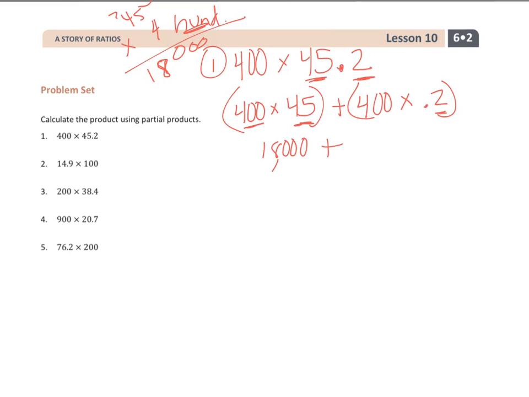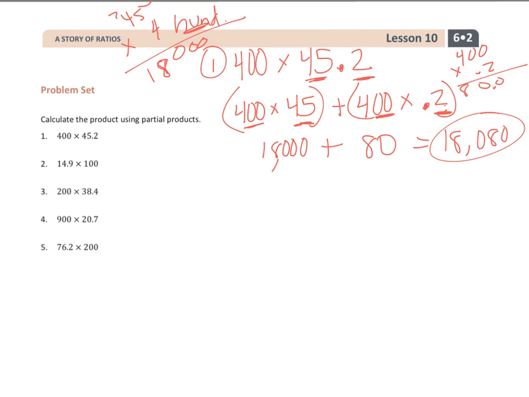And then for this next one, 2 times 4 is 8, and we have hundreds here, but because of this decimal making it tenths, it's actually going to move all the digits one place to the right on the place value chart, making it 80. And again, I can show this part for the first one, and our decimal point drops in there because it's located right next to the 2. So when I add these, I get 18,080.